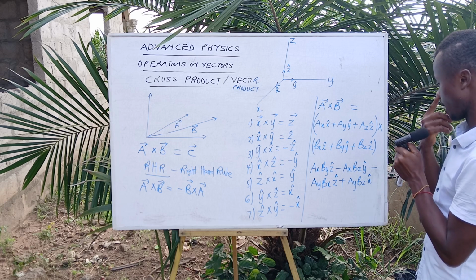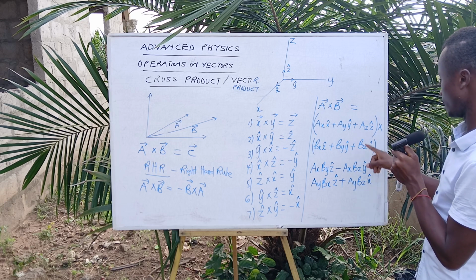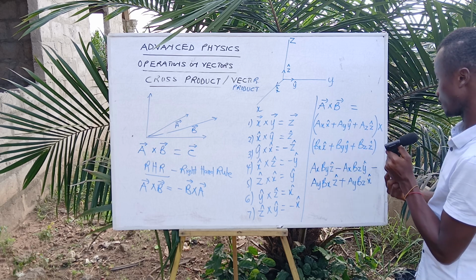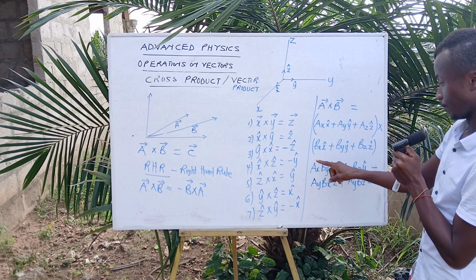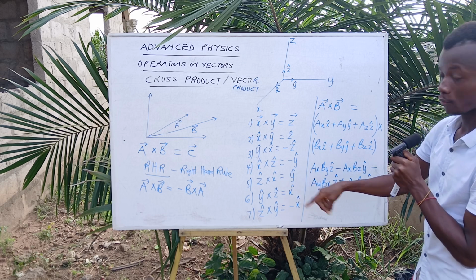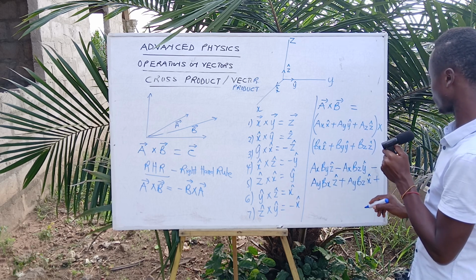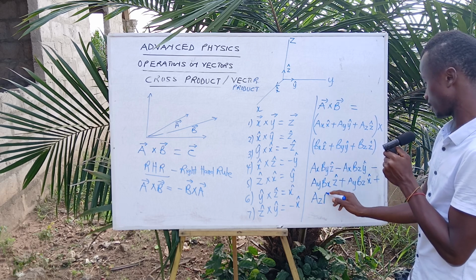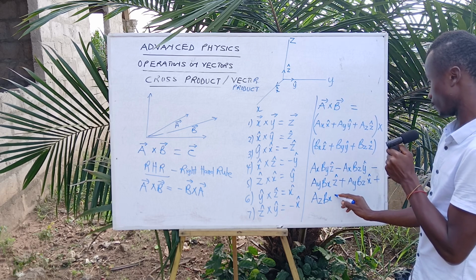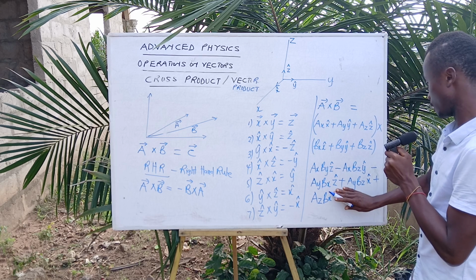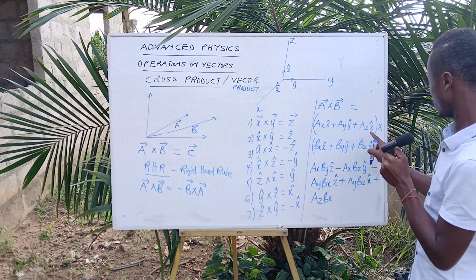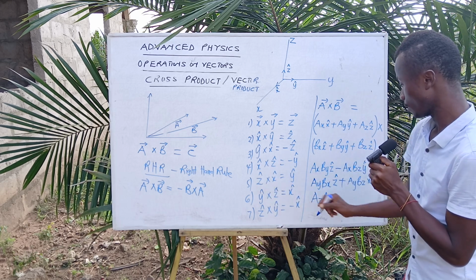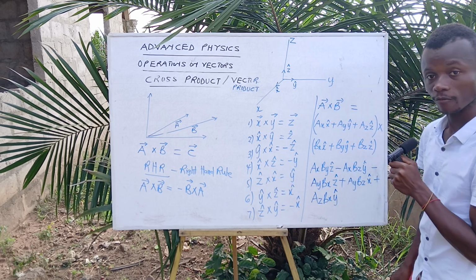Last of all, we pick AZ z-hat. Now AZ BX, z-hat cross x-hat will give us positive y-hat. So plus AZ times BX, y-hat, positive.